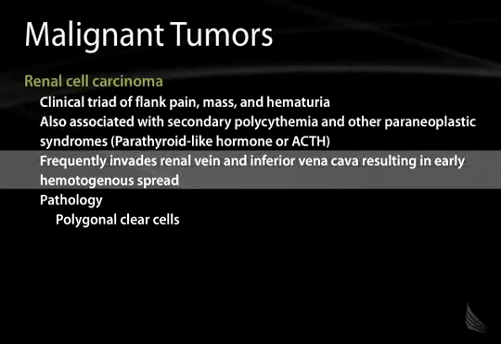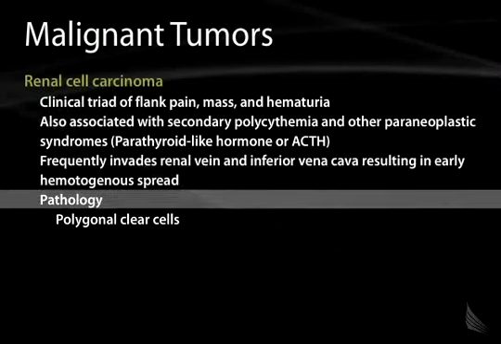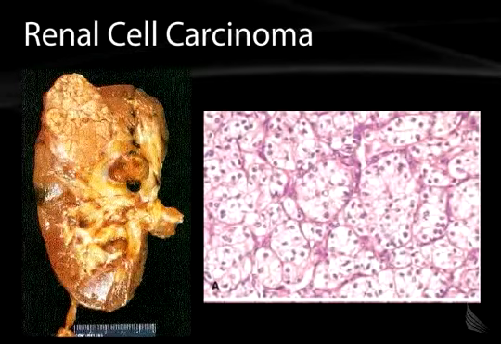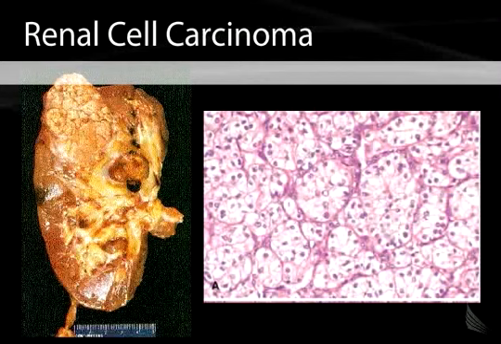The tumor frequently invades the renal vein and the inferior vena cava, and so this leads to hematogenous spread of this particular tumor. Pathologically, what you see are polygonal clear cells, which you can see in this next picture. Here's a gross photograph of what a renal cell carcinoma will look like, with this polygonal or multi-sided formation of very clear cells, which is typical of renal cell carcinoma.